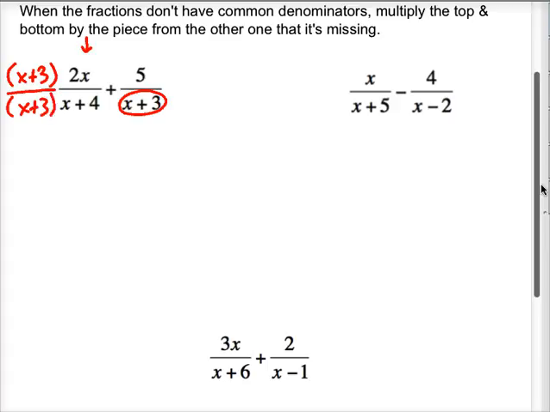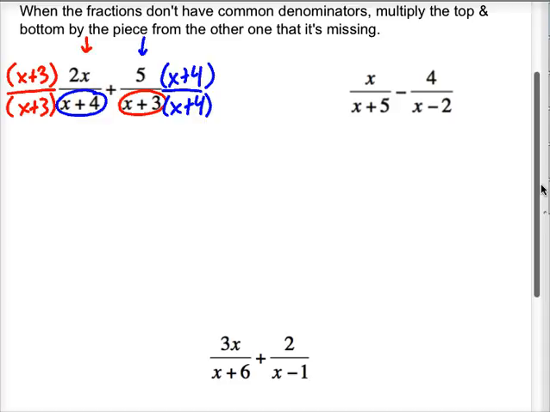I want you to notice this second one, that is missing the x plus 4. And so I'm going to multiply top and bottom by that x plus 4. So you're looking for what are each of them missing. And then you multiply top and bottom by the piece that's missing.